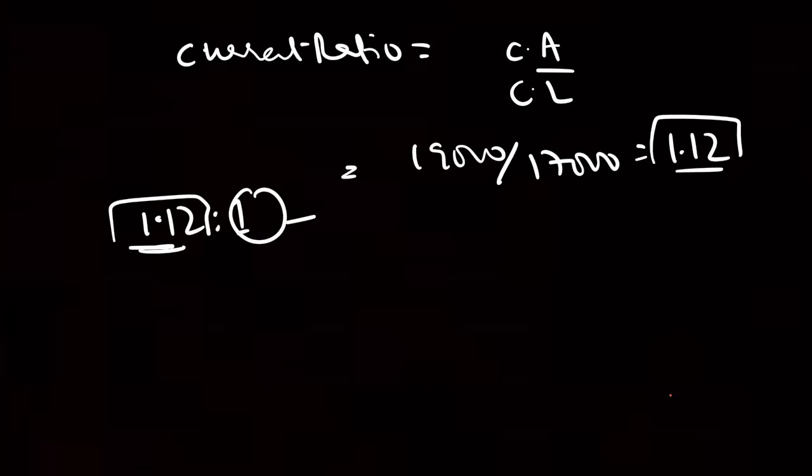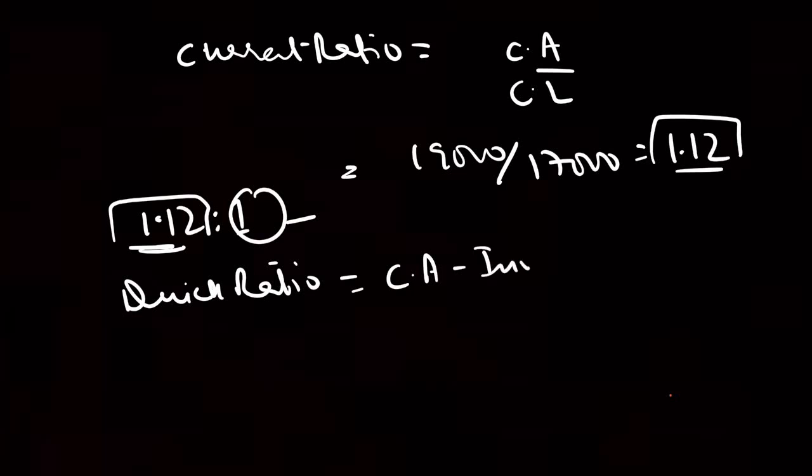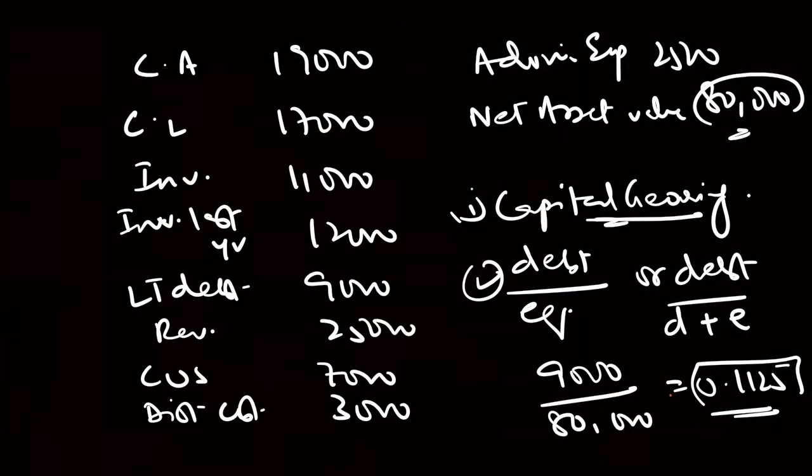Okay. Next is, for example, quick ratio. Quick ratio is current assets minus inventories or stock divided by current liabilities. Okay. So current assets are 19,000 and the inventories are 11,000.